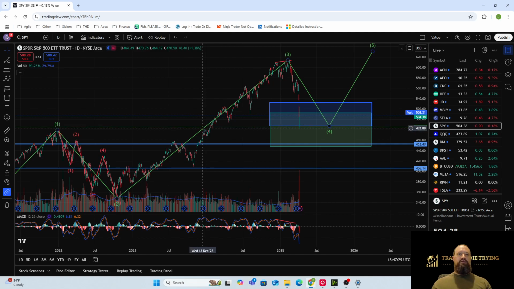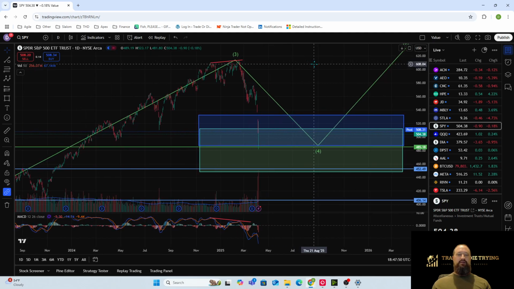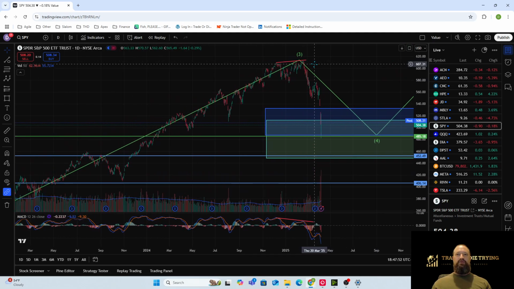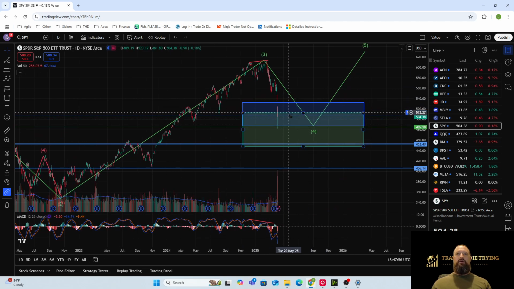But with the 618 of this Fibonacci measurement, the 2 extension from wave A on wave C, and being within the golden zone of the larger Fibonacci measurement, I'm going to be watching this closely to see how it respects that, because there's a very good chance that it does respect it and could potentially start going sideways or start making a leg 1 upward.